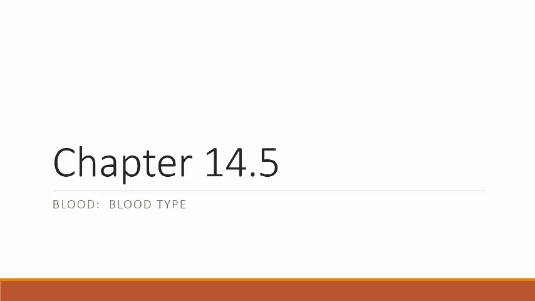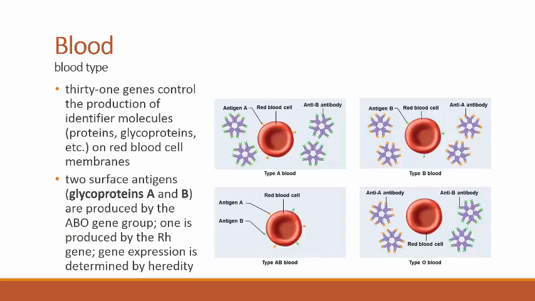So in this last lecture for Chapter 14, we're going to take a look at the factors that cause blood type. There are something on the order of 31 genes that are known to control the production of identifier proteins or molecules found on the surface of red blood cell membranes.